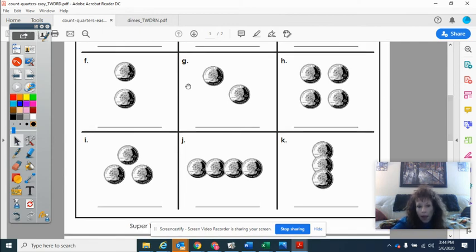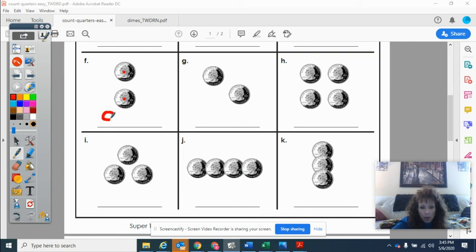Okay, here we have, let's do F. We have 2 quarters. Each quarter is worth 25 cents. So 1 quarter, 25. And 2 quarters is 50. 1 quarter is 25, 2 quarters is 50 cents.